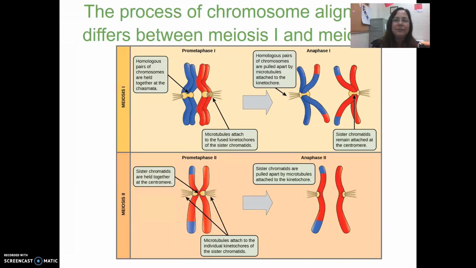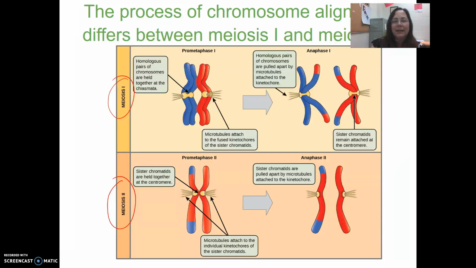And this is just a drawing of the lining up and the separation of chromosomes in meiosis one versus in meiosis two. So this is good for you to see. In prometaphase one of the first meiosis, remember that the homologous pairs have found each other and matched up and formed tetrads, and that process was called synapsis, and that happened in prophase one.